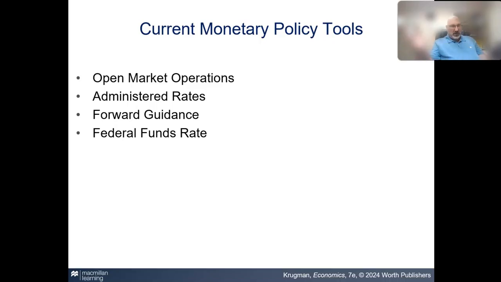So 100 basis points is 1%. That's basically all that is. And then they'll say, and so that's the current piece.